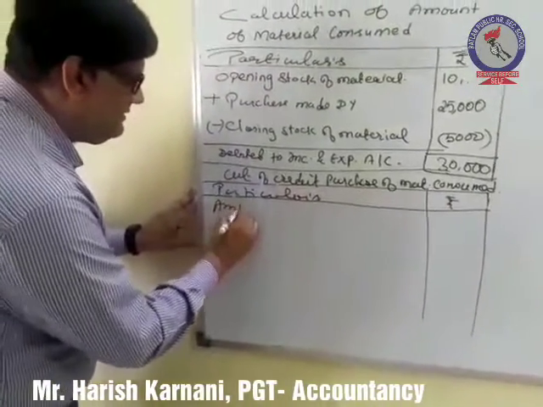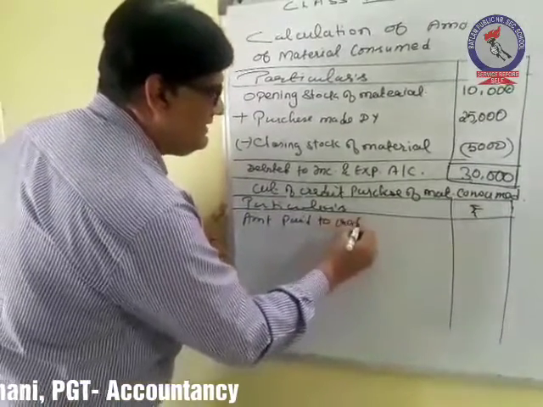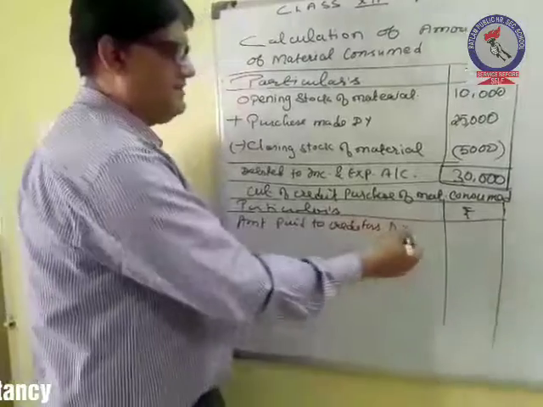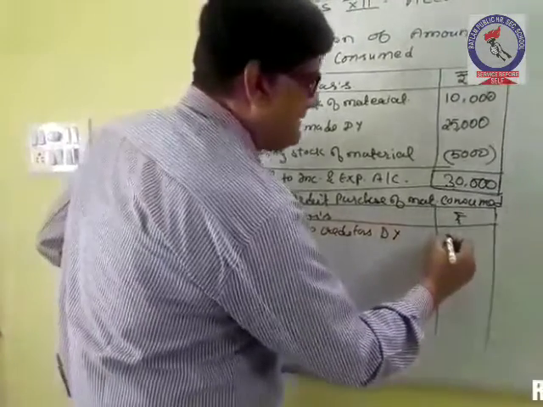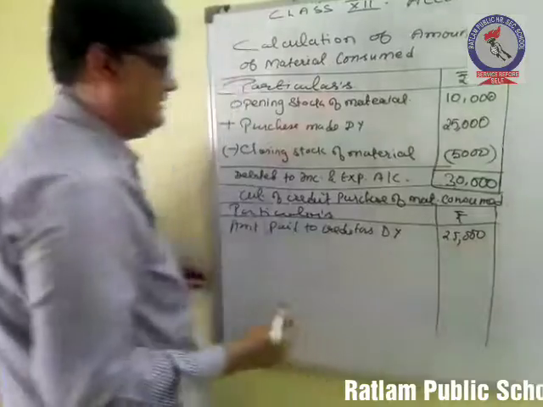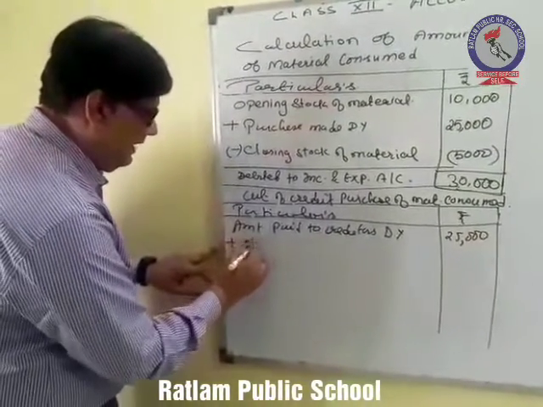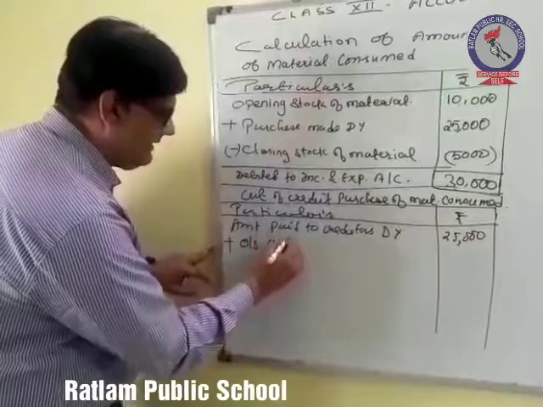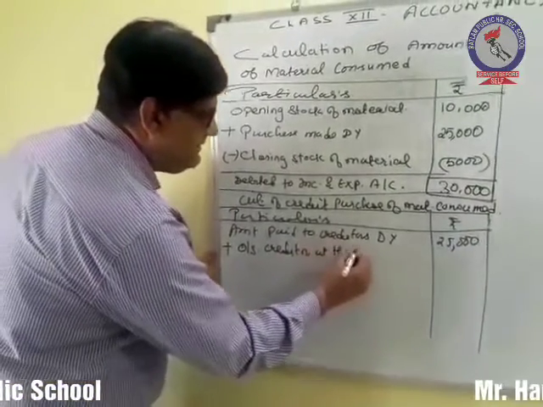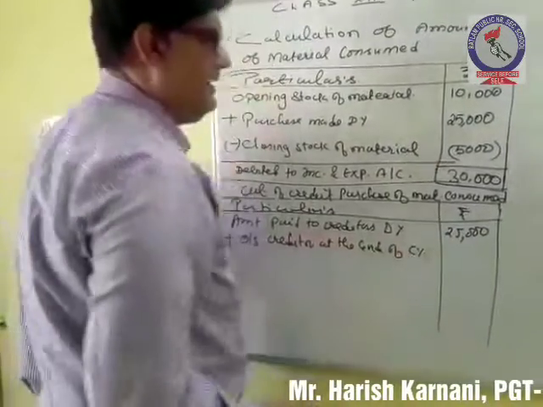In this, the information to be used by us is the amount paid to creditors during the year, which is given there. Let's say it is 25,000 rupees. In that, add outstanding creditors at the end of the current year.